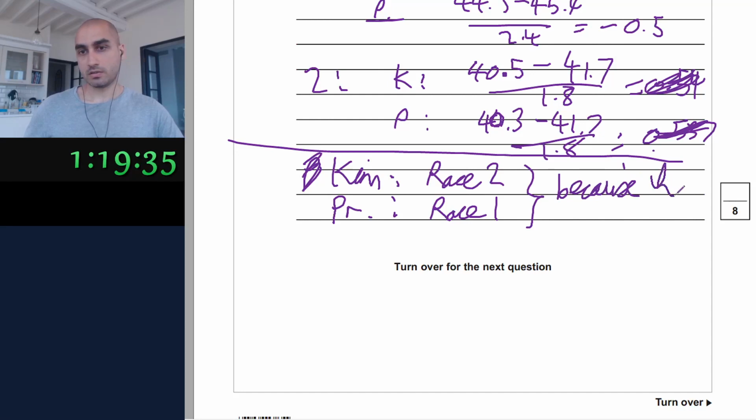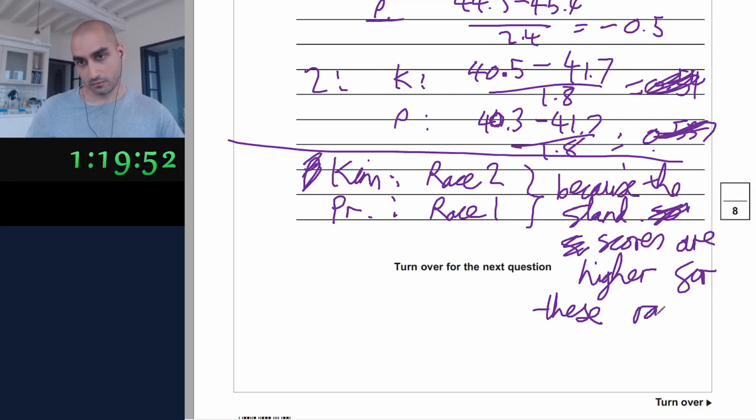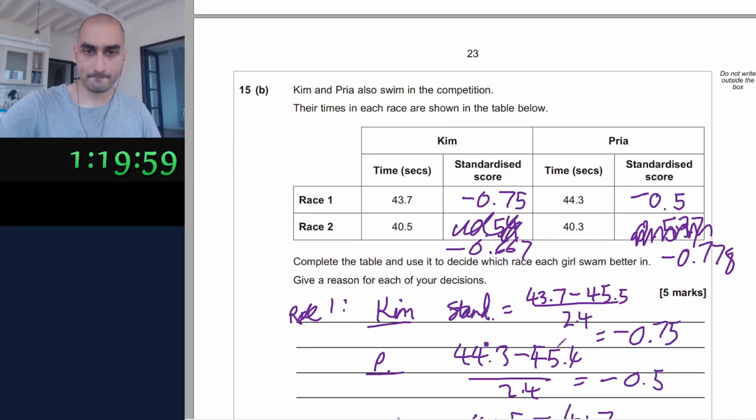Because the standardized scores are higher for these races. Does that make sense? Race 2, race 1. So Kim did better in race 2. Priya did better in race 1. Yeah, sure. Okay.